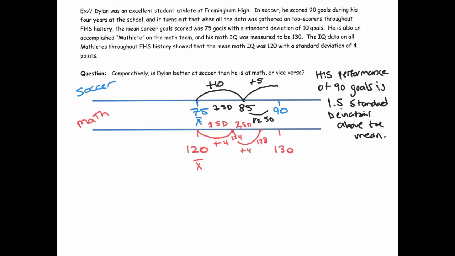Now I can't jump another full one, so I'm going to jump a half one, adding 2. That's a half standard deviation, and that gets me to 130. So that says that his math IQ is 2.5 standard deviations above the mean.